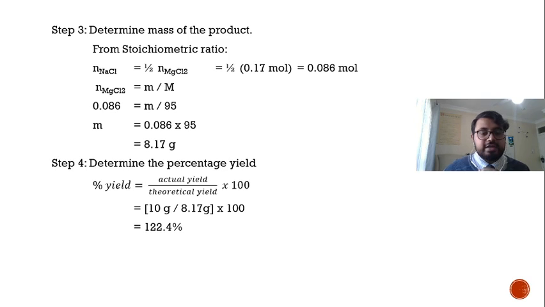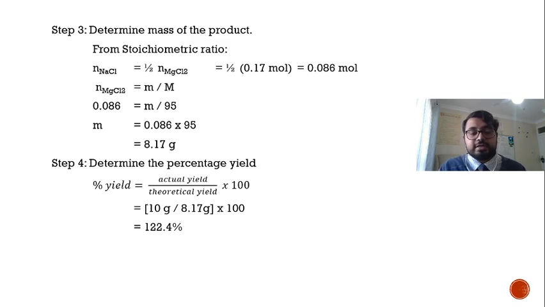10 divided by 8.17 grams times 100 gives us a percentage yield of 122.4%, which means that from the reactants, that is how much MgCl2 we have, when in fact we're supposed to have 100%.